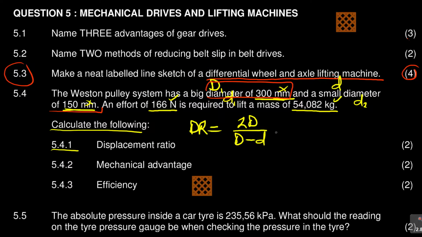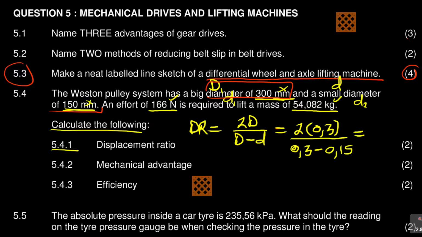So the answer here will become equal to 2 times the big D, which was 0.3 after dividing, over the big D, which is 0.3, minus the small d, which is 0.15. Remember, the 0.3 is that 300, 0.15 is that 150.